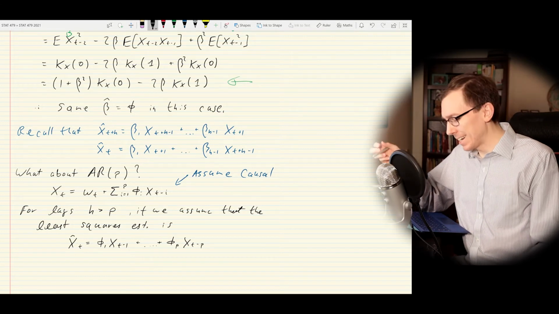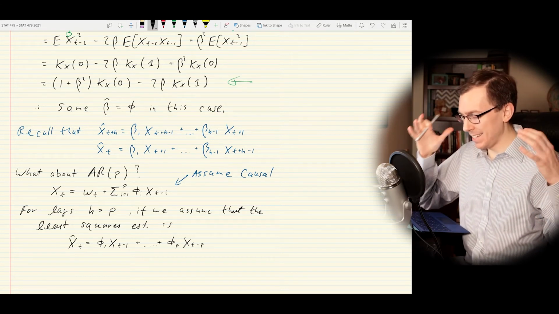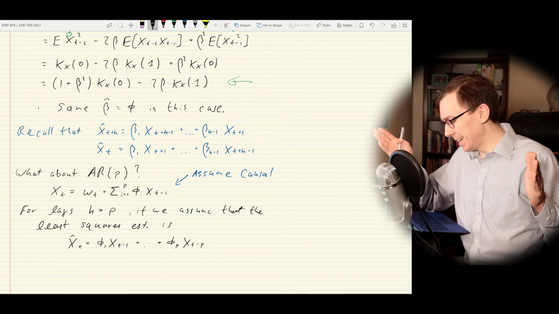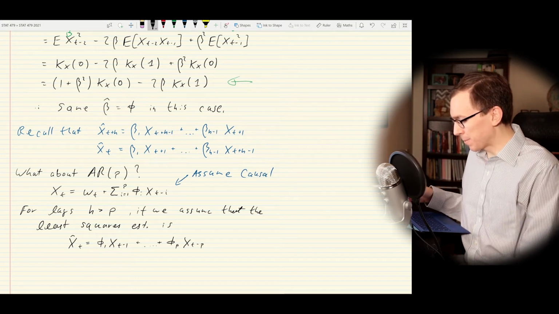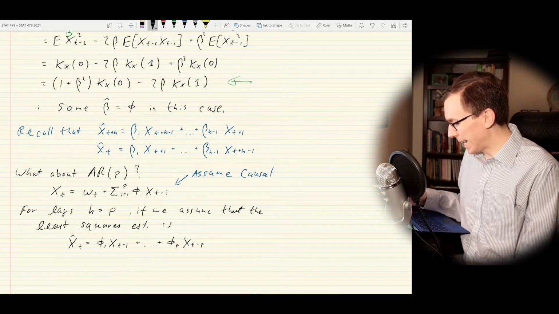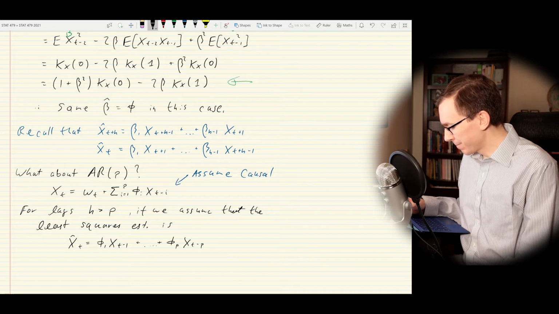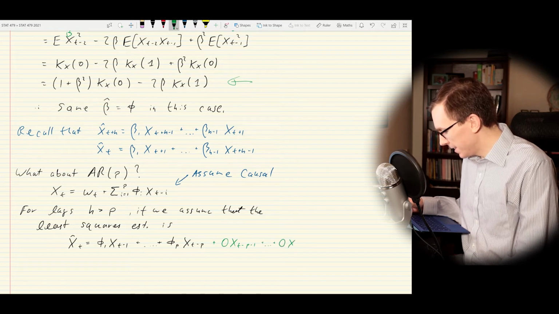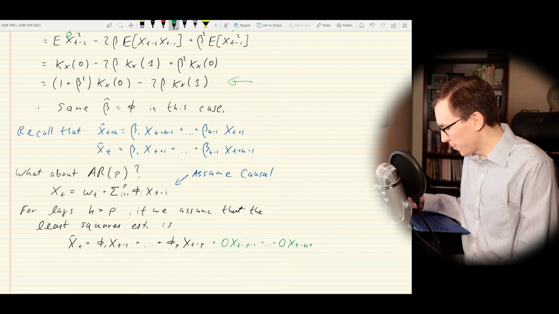Much like I said last time, if we want to predict x_t given the previous p measurements, even given more measurements, right? Because effectively what I have here is, I'm going to write it in green, technically, a bunch of other stuff like 0 times x_{t-p-1} plus 0 times x_{t-h+1}.